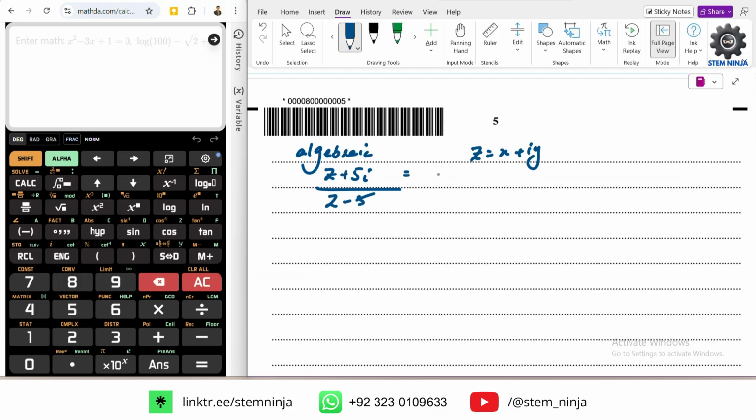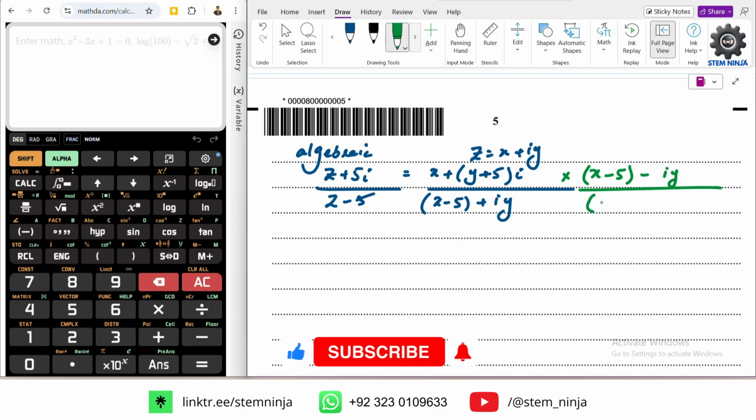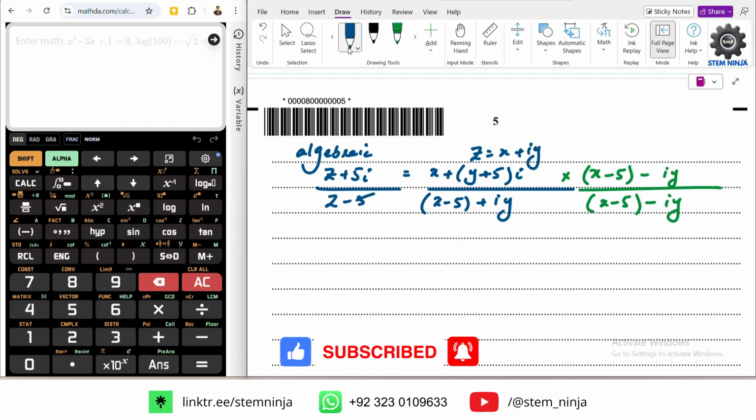So this would split into x plus iy plus 5i. This becomes x plus i times y plus 5, divided by x minus 5 plus iy. Now we need to rationalize this. So this would become x minus 5 minus iy divided by x minus 5 minus iy.